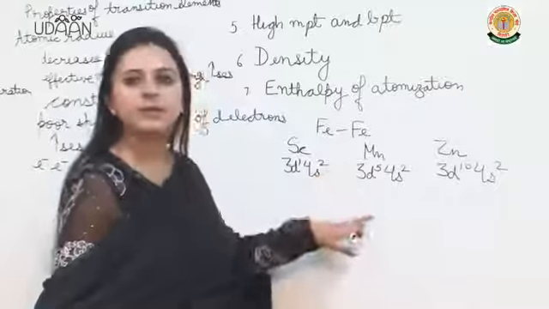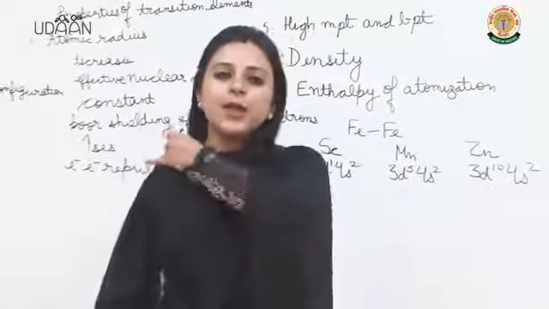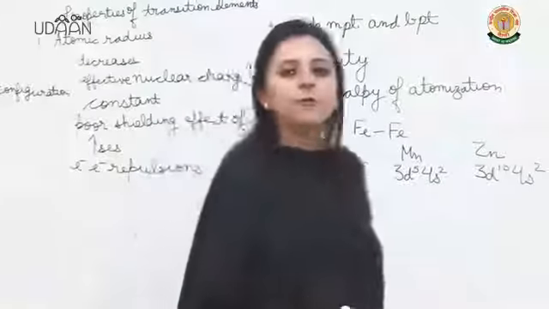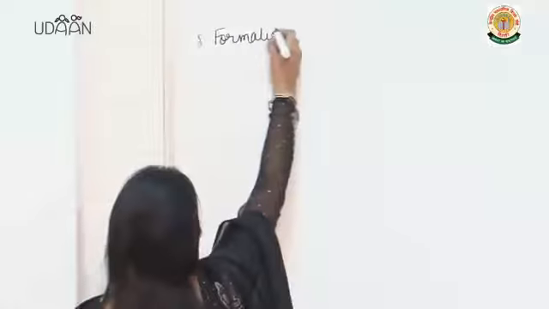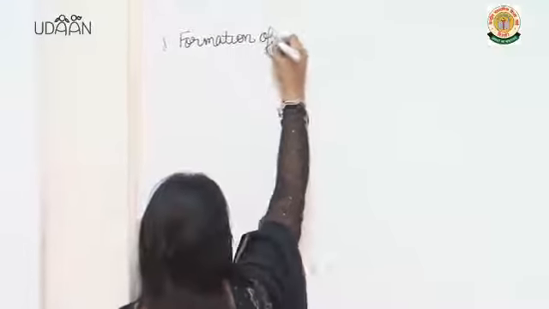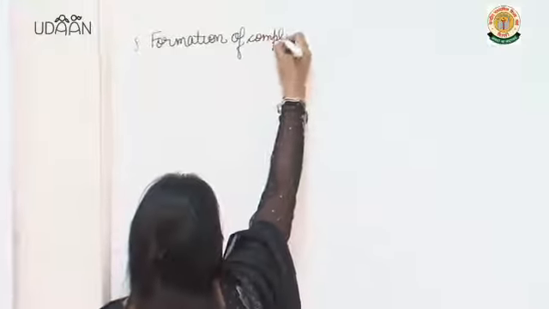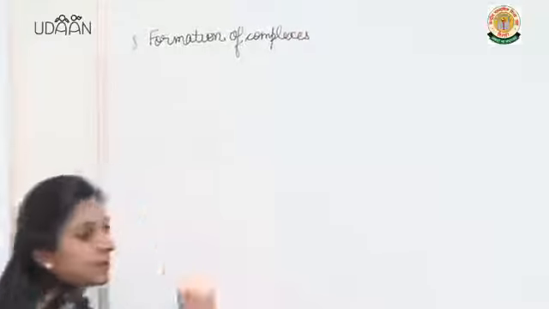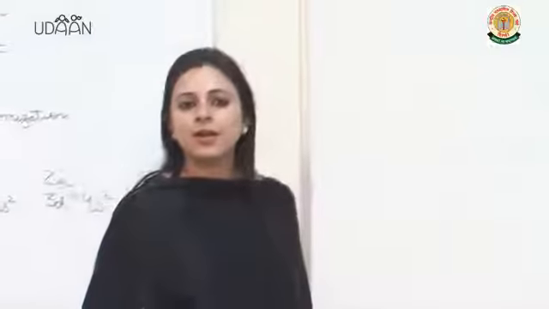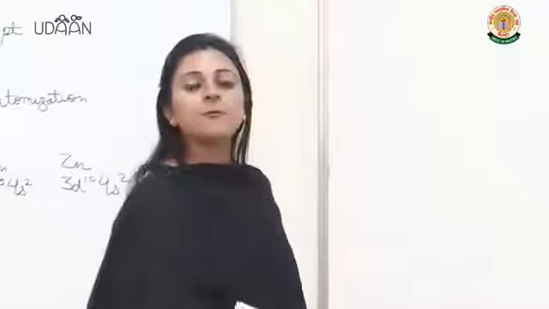Now let us understand the next property, that is the formation of complexes. Now transition elements, they can form complexes. What is the reason? Because of their small size, high charge and presence of vacant d orbitals. So what is the reason?